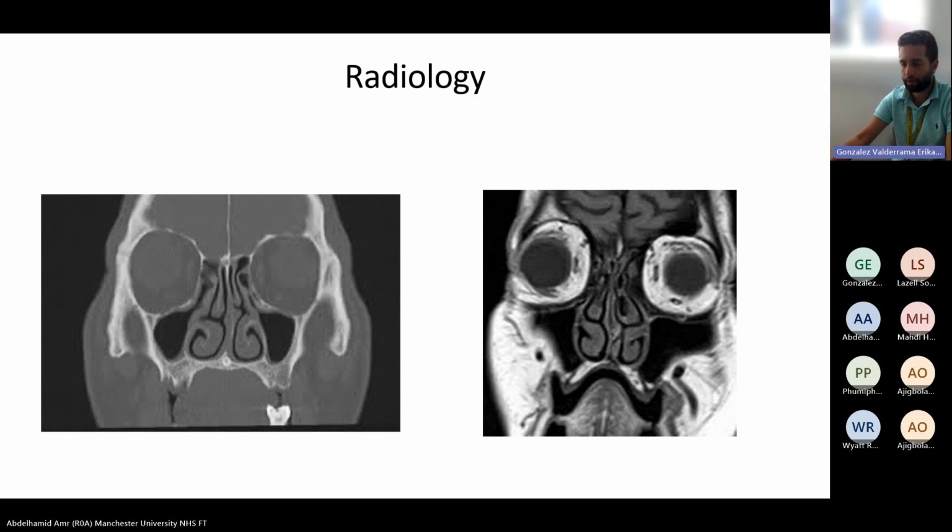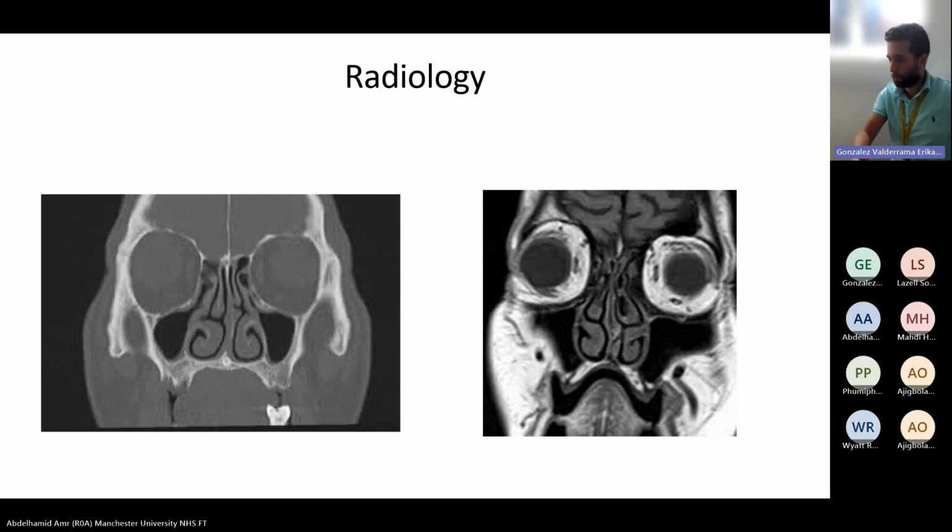And then when do we request MRI scan? Exactly, because we've got better soft tissue. Let's say you've got someone with a sinonasal malignancy, you do a CT scan, it will just look like soft tissue opacification in the sinuses.